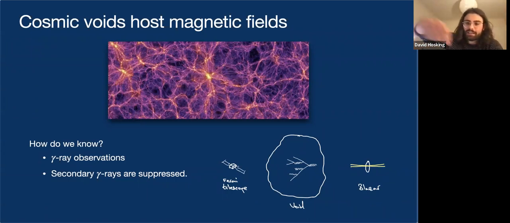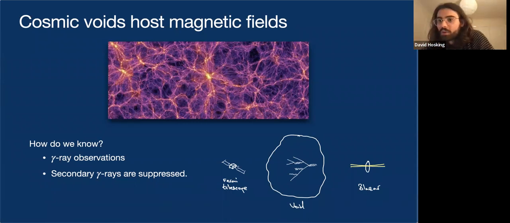The idea is, if I have a distant blazar and it emits high energy TeV photons towards Earth, as those photons propagate, they pass through some cosmic void, and within that void, they scatter off CMB photons. They pair produce. They produce electrons. There's an electromagnetic cascade, and those electrons subsequently re-emit photons. Those photons are the secondary gamma rays.